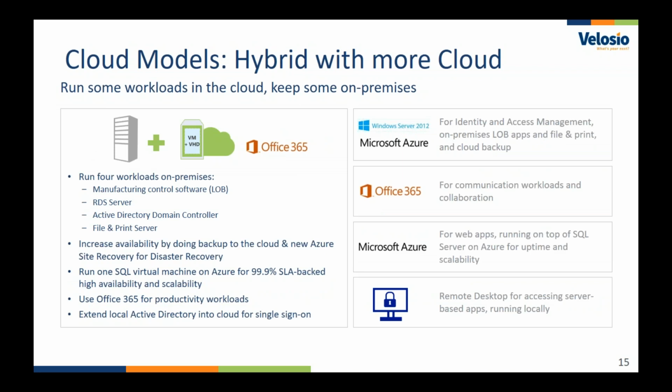The next way we look at deploying it is a slightly bigger version of the hybrid cloud. In this scenario, once again, you'd move to Office 365, which would be your collaboration piece, that communication piece. But now we're moving a few workloads. Let's say file storage, maybe a few line of business, file and print, Active Directory, or even your remote desktop services server, which once again gives you high availability in the case of a disaster or a site outage.